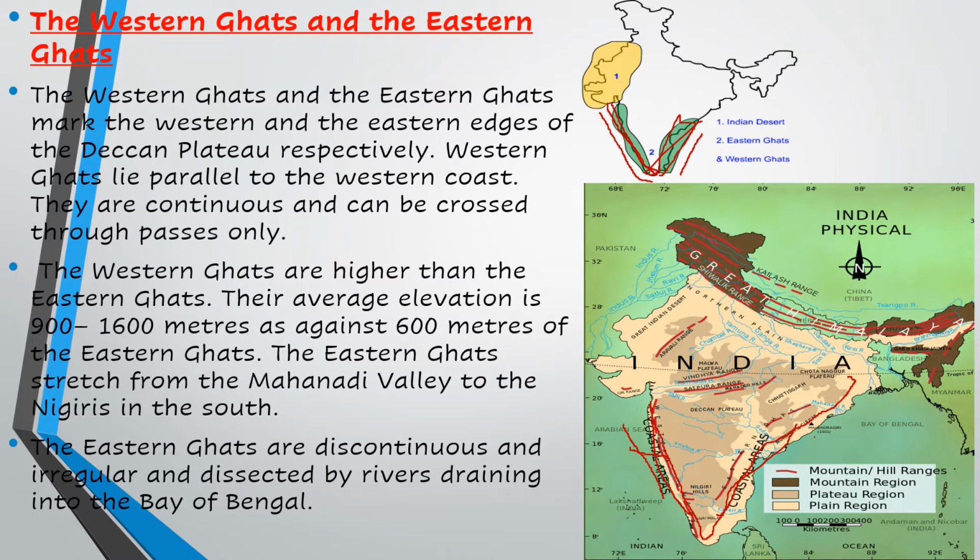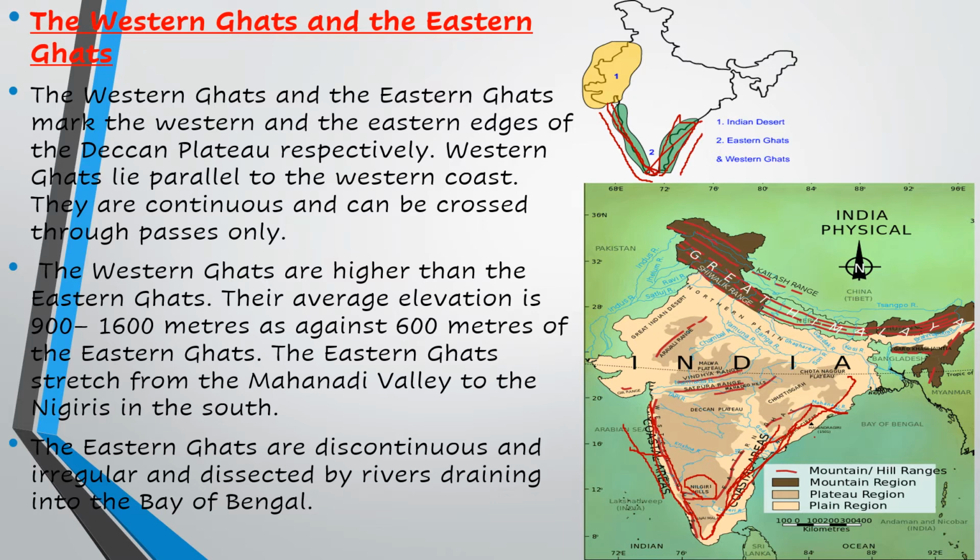The Eastern Ghats stretch from the Mahanadi Valley to the Nilgiris in the south. You can see over here, this is the Eastern Ghat, right children? They extend from the Mahanadi Valley, where you can see the river Mahanadi, to the Nilgiris in the south. You can see the Nilgiri Hills over here. This is their extension.